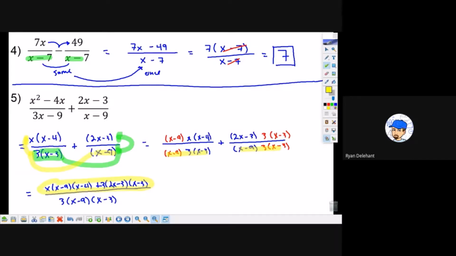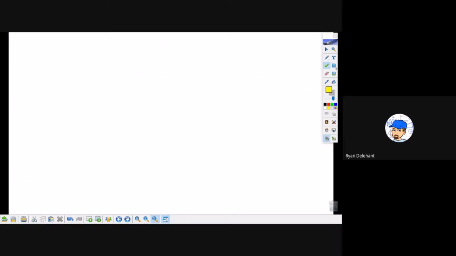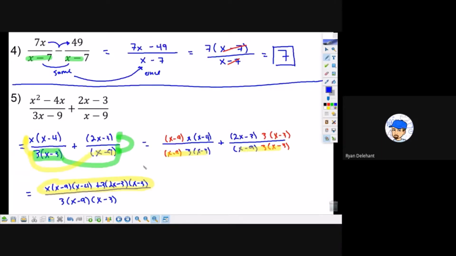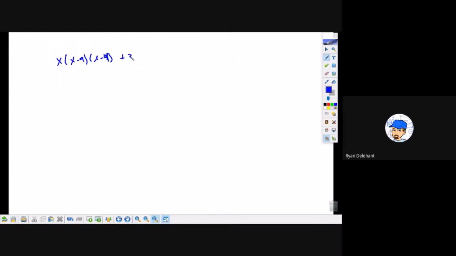What I want you to do is forget this is a fraction, okay? Because I think rewriting the fraction bar constantly sometimes makes this tougher than it needs to be. Write this off to the side somewhere. So we had x minus 9, x minus 4, I'm sorry, plus 3 times 2x minus 3, x minus 3.